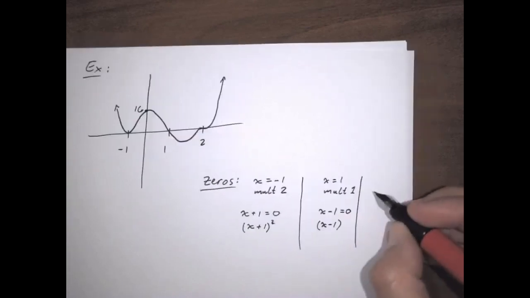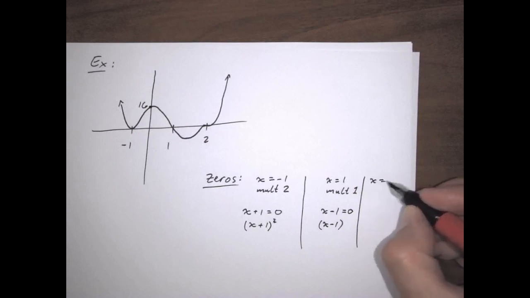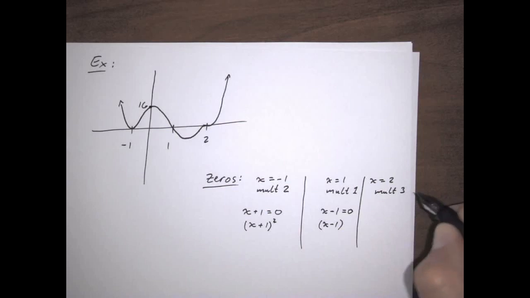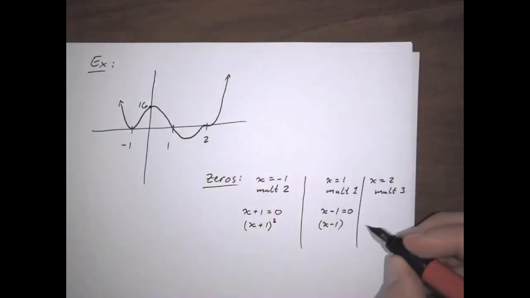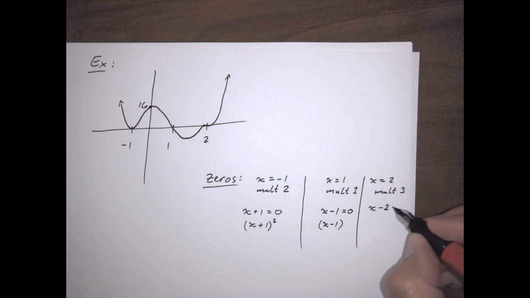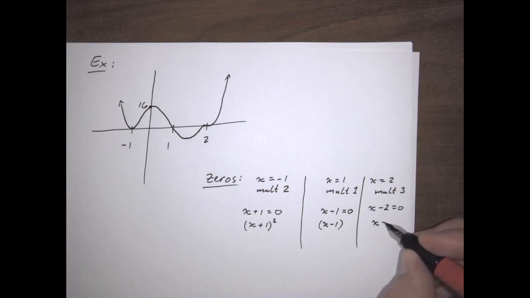And then over here we'll have x equals 2, multiplicity of 3 because of the way it's just wiggling its way through. And then what that tells you is that you're going to have x minus 2 equals 0, so that's going to be the factor. So it's going to be x minus 2 cubed.